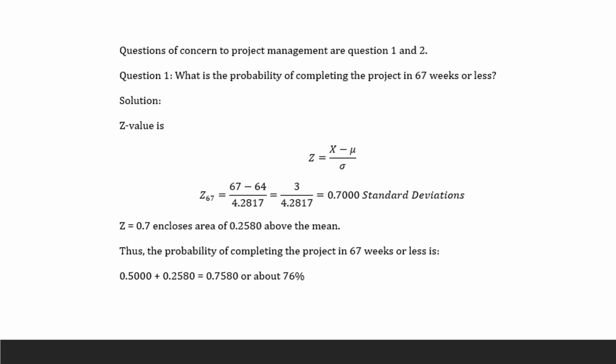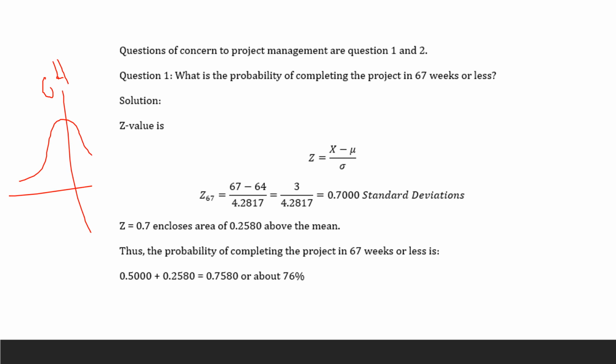So we calculate Z. I'm going to use our standard formula, and this is your mean right there, so put your mean, 64. I'm going to draw this back for you again, that comes from right here, 64, and then you have your 67, that's your maximum right there, and then divided by the standard deviation, which is right here. I'm going to link it back so you can see where it comes from in your question.